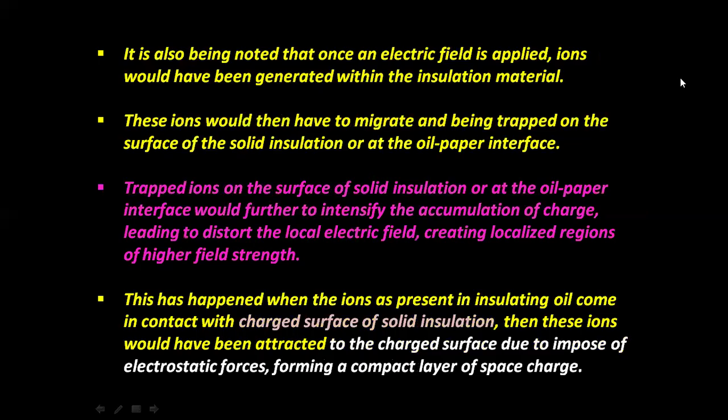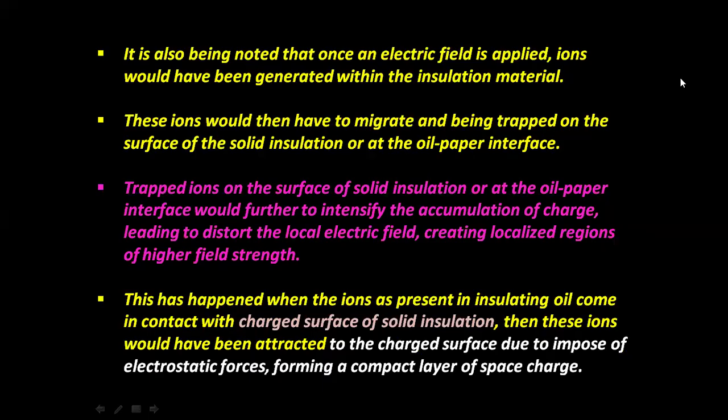It is also noted that once an electric field is applied, ions would be generated within the insulation material. These ions would then migrate and be trapped on the surface of the solid insulation or at the oil paper interface. Trapped ions there would further intensify the accumulation of charge, distorting the local electric field and creating localized regions of higher field strength.